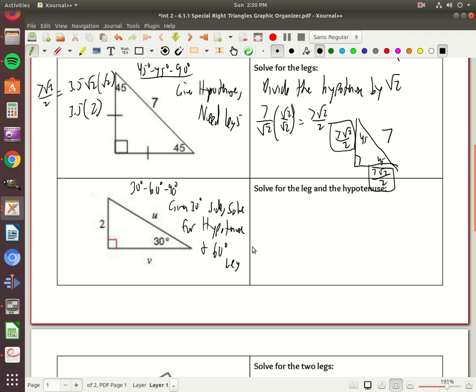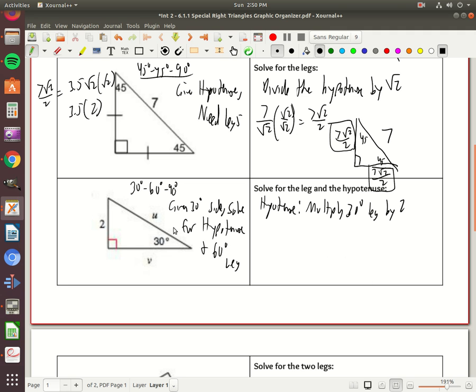So we'll call that the 60 degree leg. If I want the hypotenuse, if we're given the 30 degree side, we just double it. So the hypotenuse, we'll just say multiply the 30 degree leg by 2.